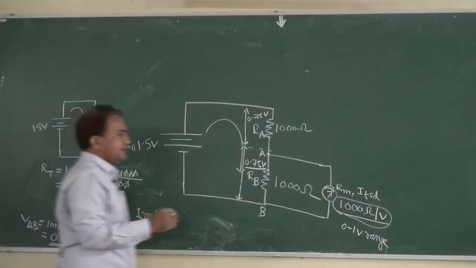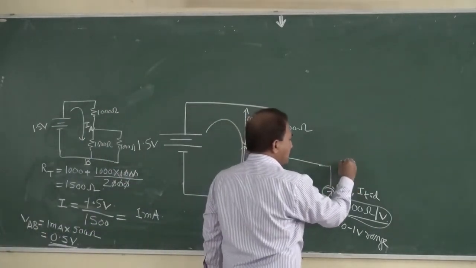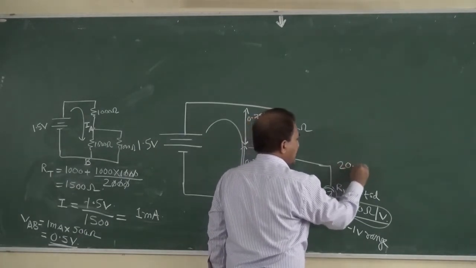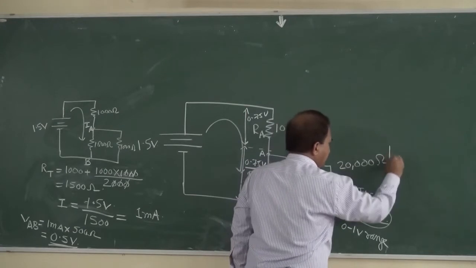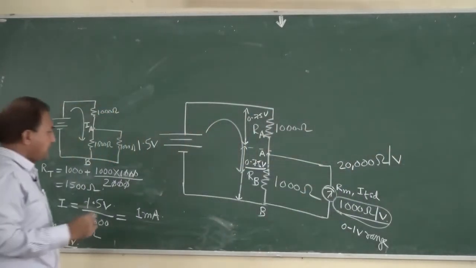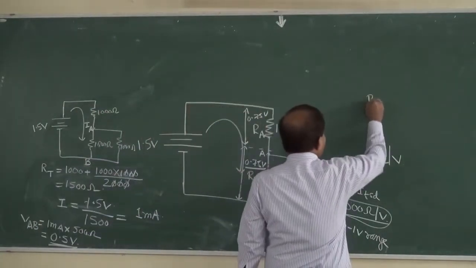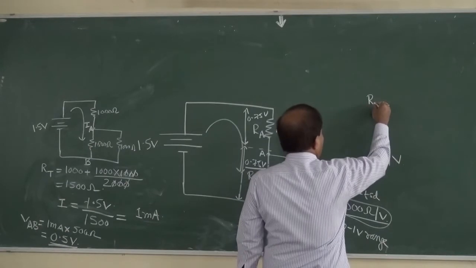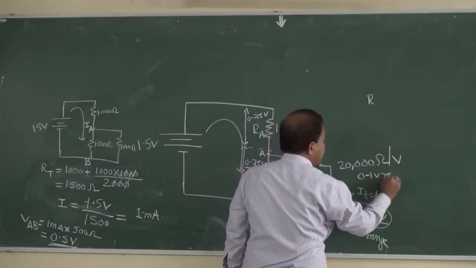Another case, the same meter, but its sensitivity is more. Suppose 20,000 ohm per volt. Then what will it show? And for the same range, 0 to 1 volt range.